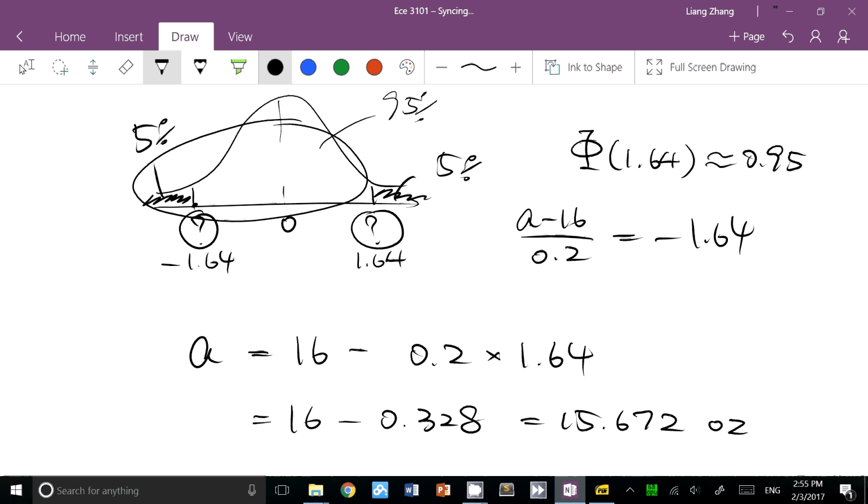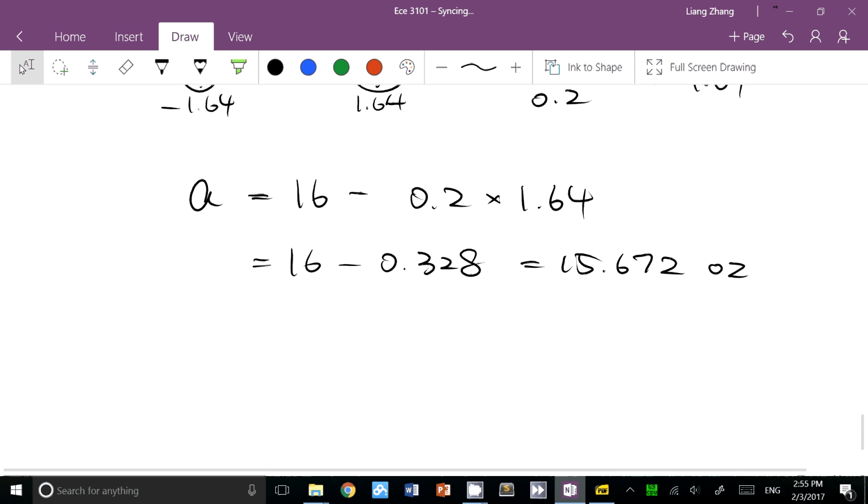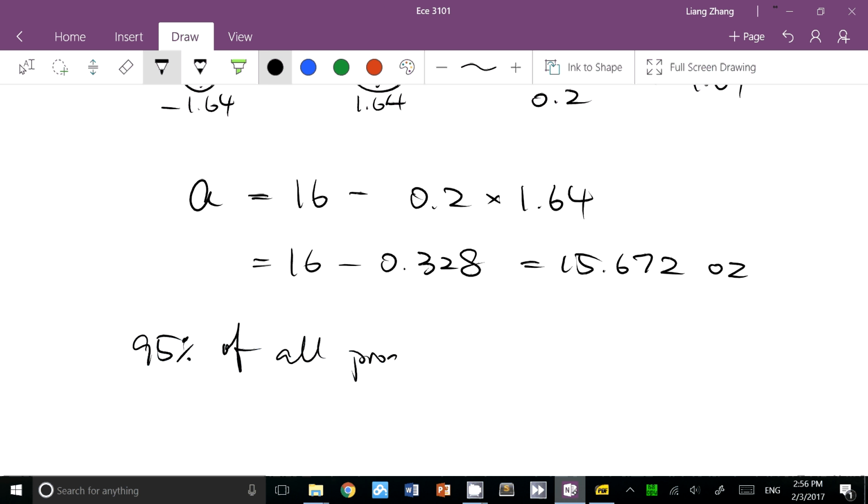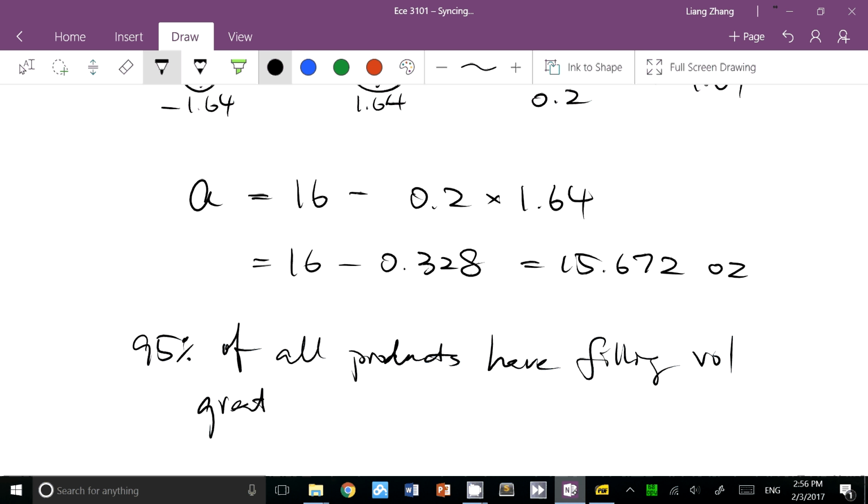So back to the problem, we can say 95% of all products have filling volume greater than 15.672.